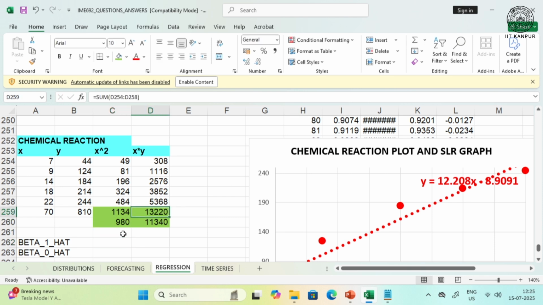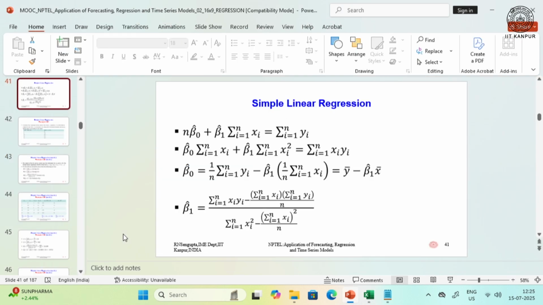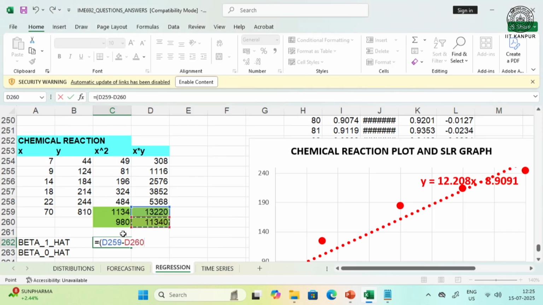Yes. So, it is equal to the value in cell D259, which is the sum of all x into y, done 5 times because we have 5 readings, minus the value which is the summation of xi into the summation of yi divided by 5.